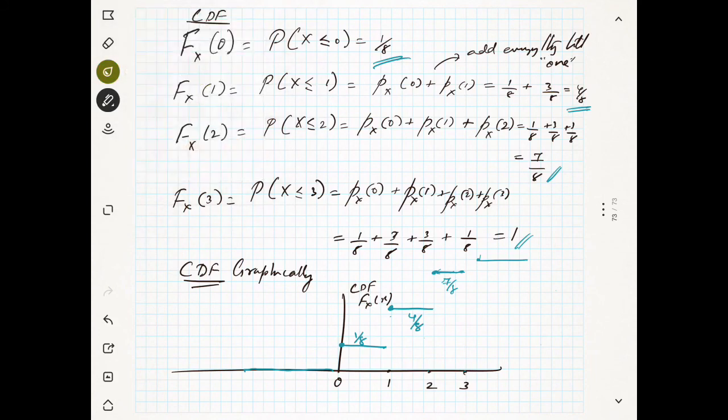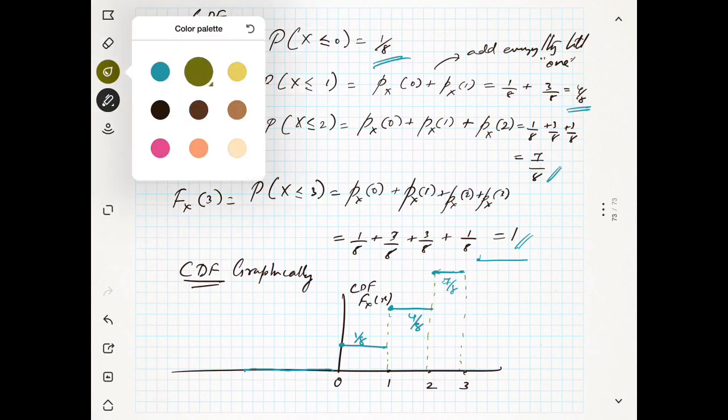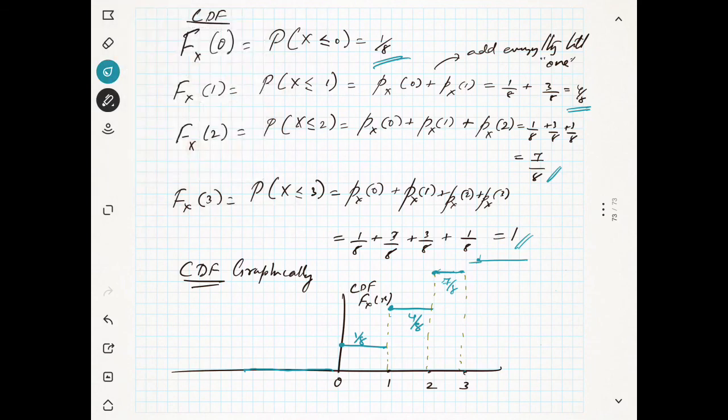For your convenience, I will show this as less than or equal to 1. Like this, I have to show it a little bit close to 3. This is 8 by 8, which is nothing but 1. This kind of graph is the graphical representation of the CDF, F x of x.